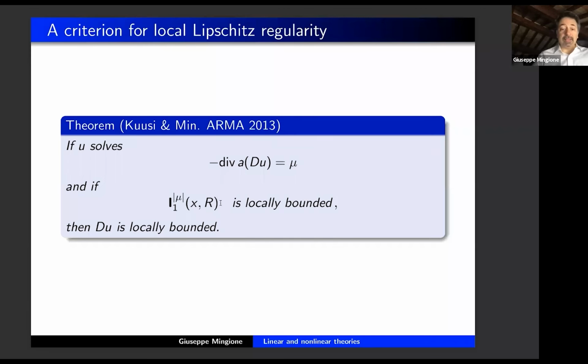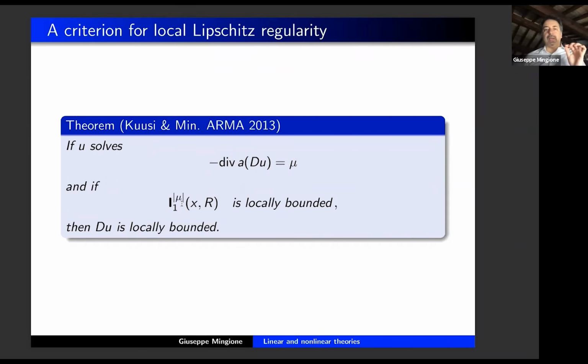Of course, this is an integral. If you recall the definition of truncated Riesz potential, it's an integral. So if it's locally bounded, when capital R goes to 0, this object goes to 0 pointwise, almost everywhere. And now, this provides a first answer to a very classical open problem in the theory of these quasilinear equations: find the minimal assumptions on the right-hand side for which the gradient is bounded.